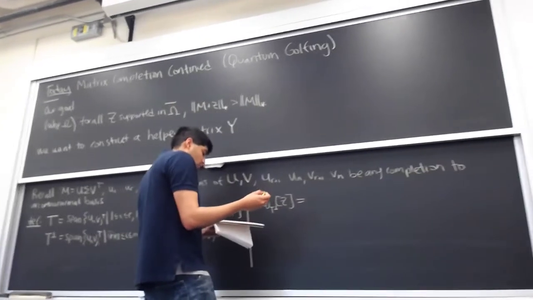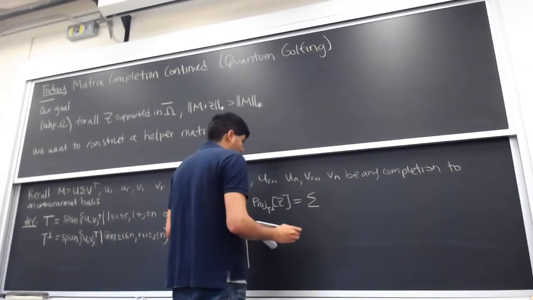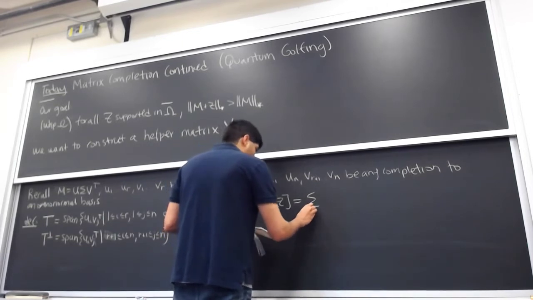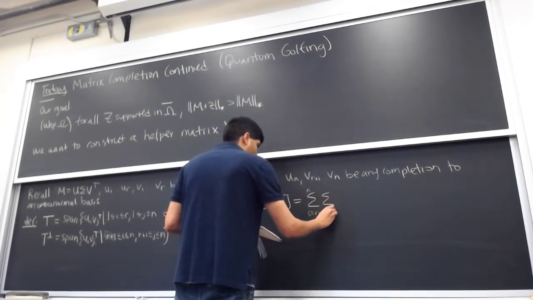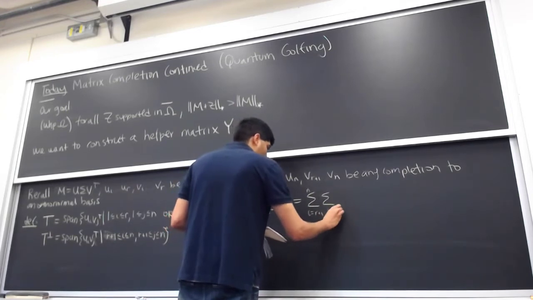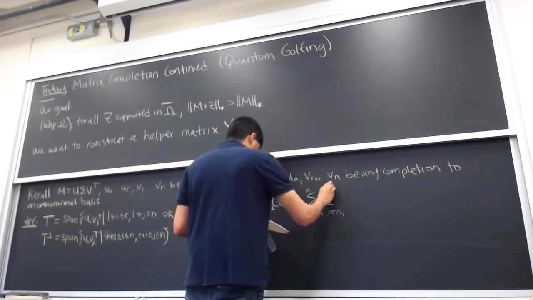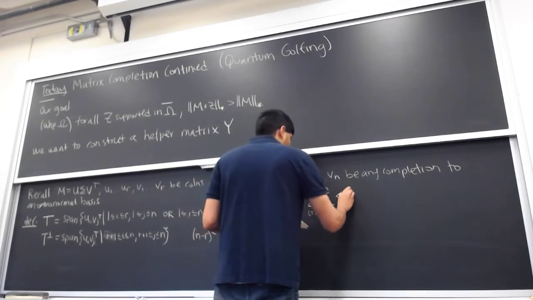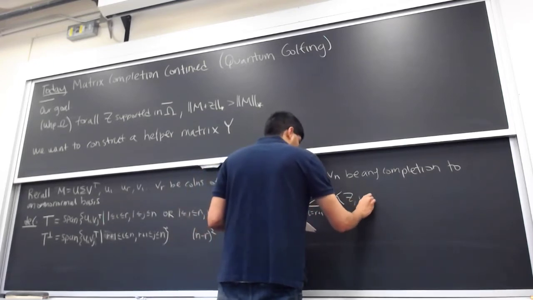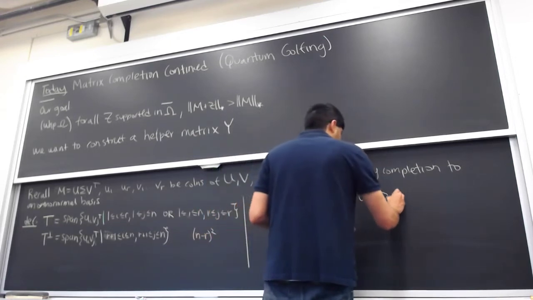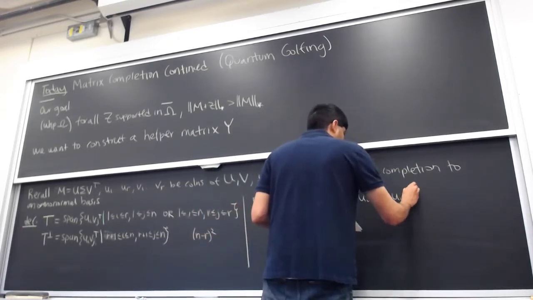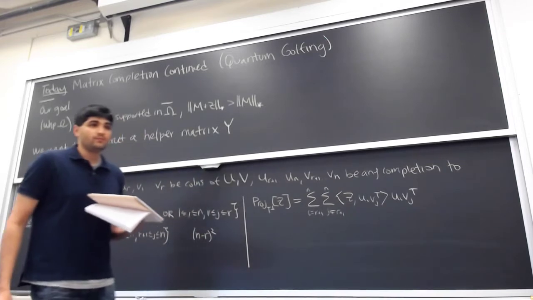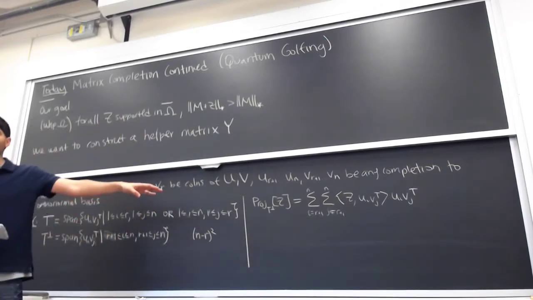It's just the usual notion of a projection, because what we do in this case is we sum from i equals r plus 1 to n and over j equals r plus 1 to n of the inner product between Z and ui vj transpose, all times ui vj transpose. So this makes sense, right?